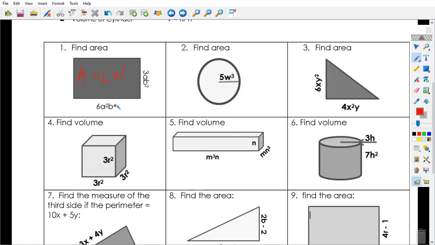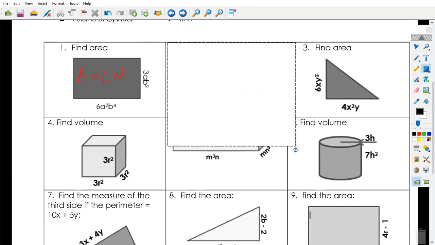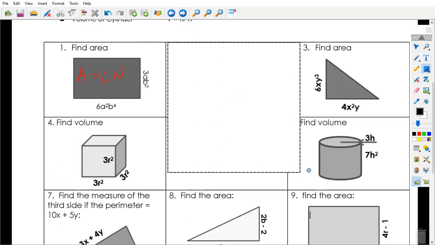I'm gonna tell you right now, you are gonna need some paper because I don't think you're gonna be able to do it on here. You're gonna squeeze it in there. So here's my paper. I don't know what happened to it.